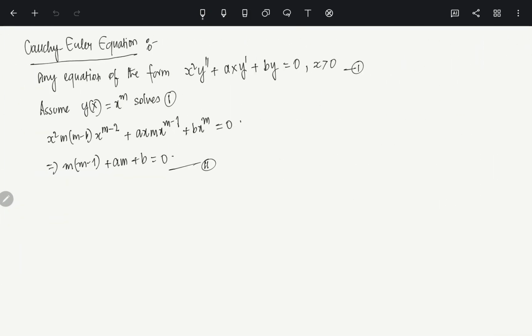So what I want you to do is check the theorem stated below. This is your work, and I will state the theorem.